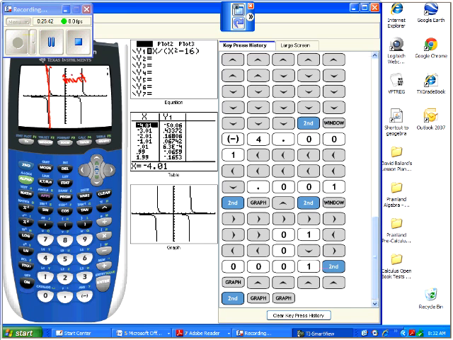Well, from the left, what's it approaching? As we approach -4 from the left, we're approaching negative infinity. As we approach -4 from the right, we are approaching positive infinity.